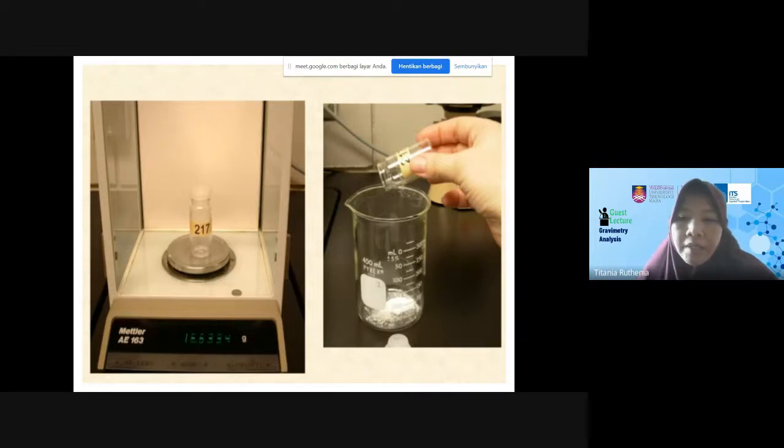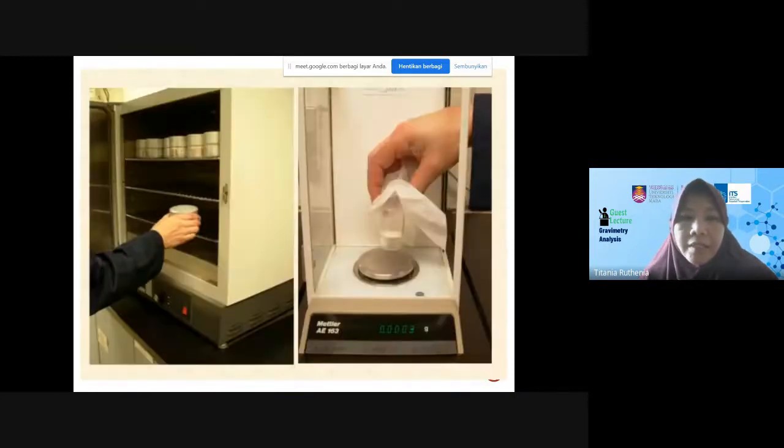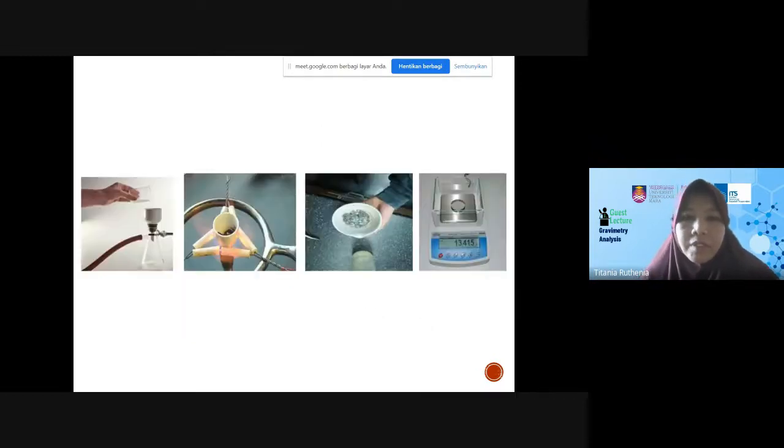Then we can put it in the glass beaker and react with the precipitating agent, stirring using the magnetic stirrer heater at a certain temperature, depending on the formation of the precipitate. Before this we have to filter first, and then we dry, and then we can weigh. We can use a desiccator to place the crucible after drying before weighing. So it's like this.